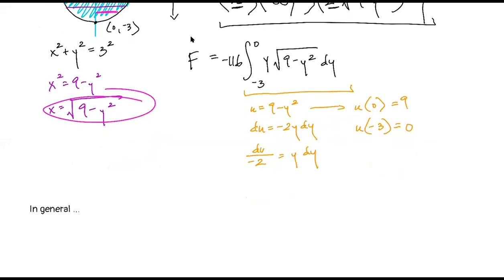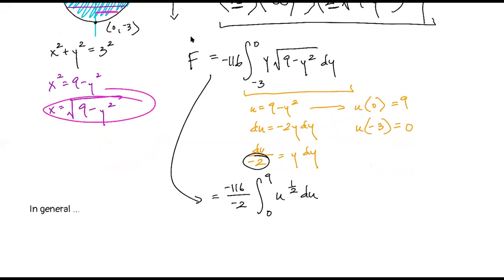And so our integral that we end up taking is going to equal -116 over -2, because we have this -2 here, the integral from 0 to 9 of u to the 1/2 du.